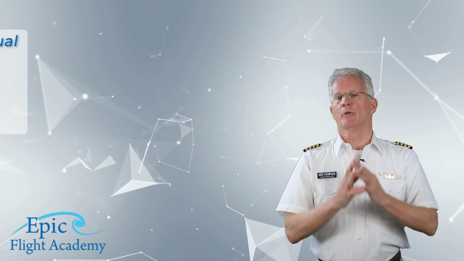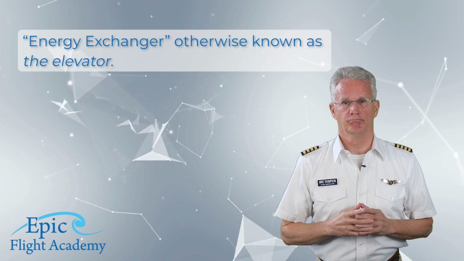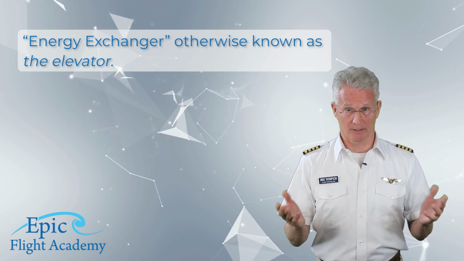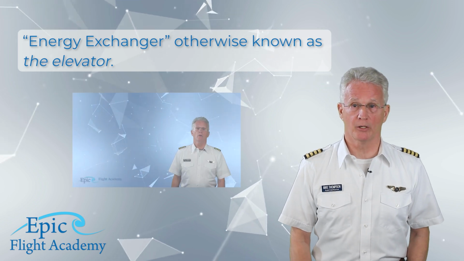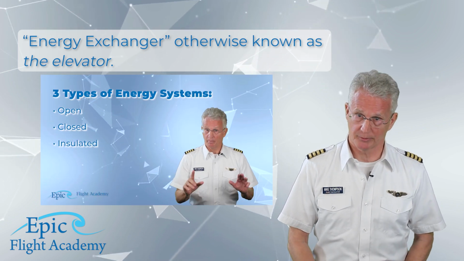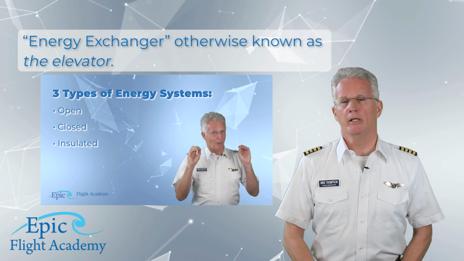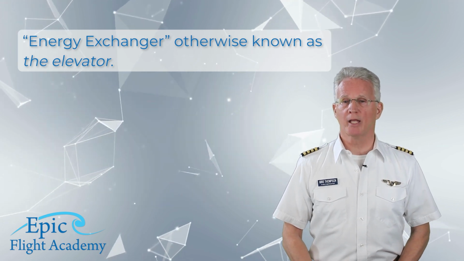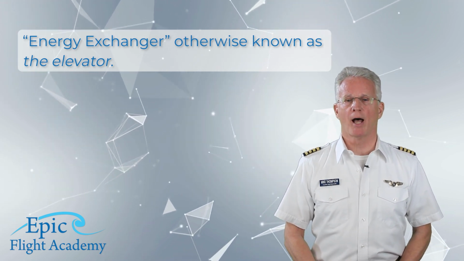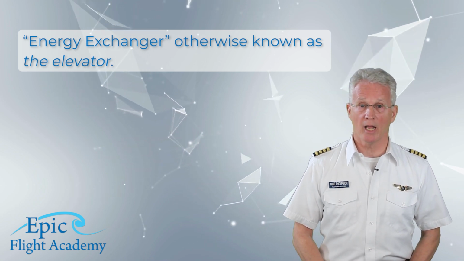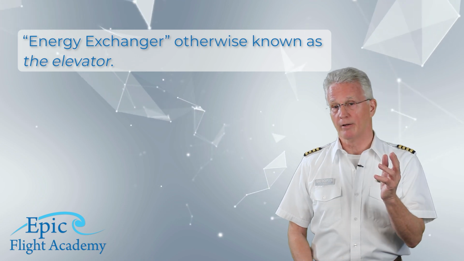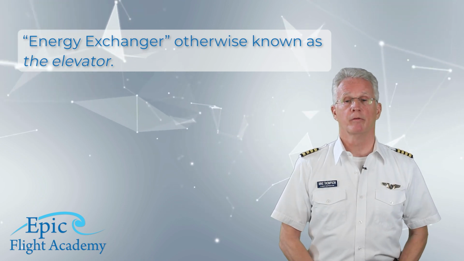We do this with our energy exchanger, otherwise known as the elevator. Please see our commercial course video titled Energy Management. The Airplane Flying Handbook explains this idea at the bottom of page 9-24 by referencing gliding airspeeds both above and below VG.